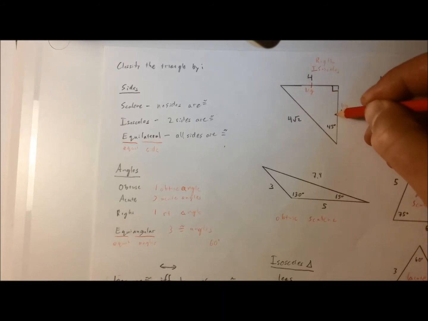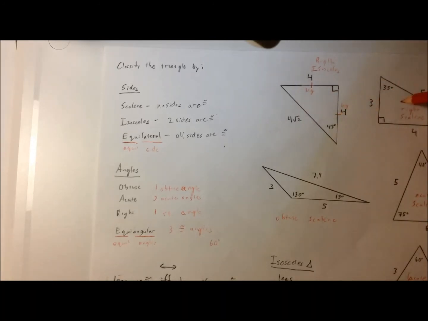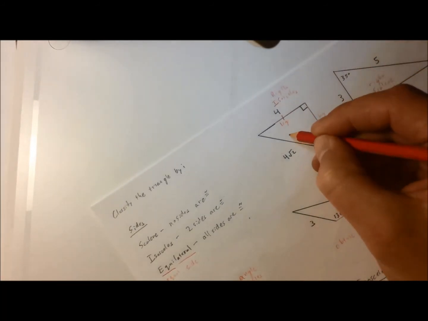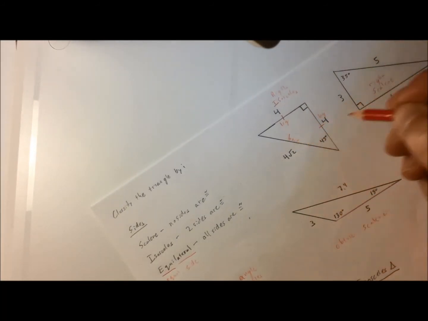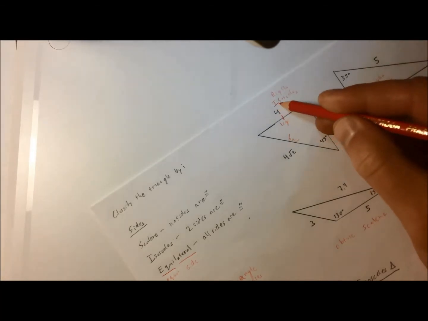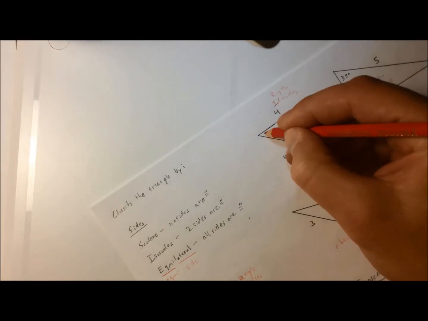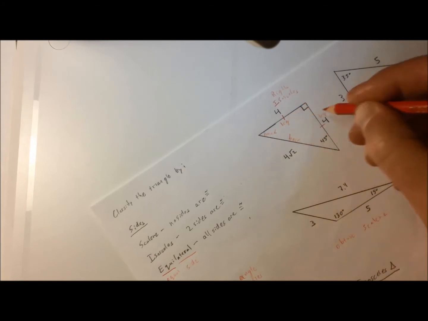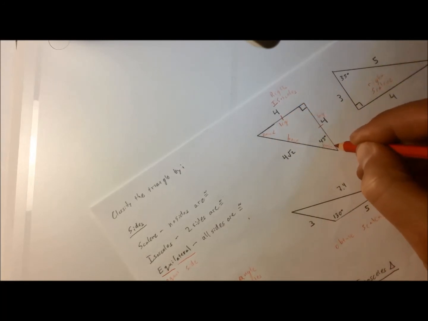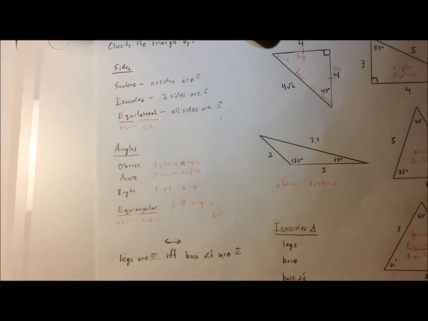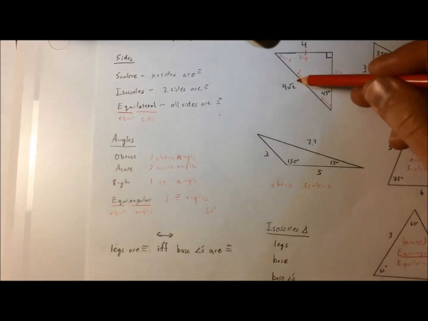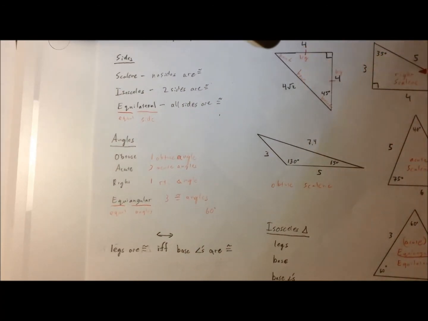They are congruent. The two legs are congruent on an isosceles triangle. And this part right here would be called the base. So you got the legs, the base, and this would be a base angle. This will also be a base angle. So those are the legs, that's the base.